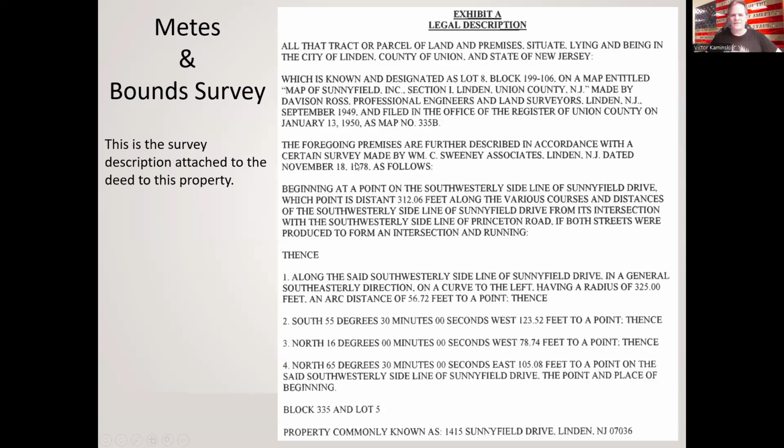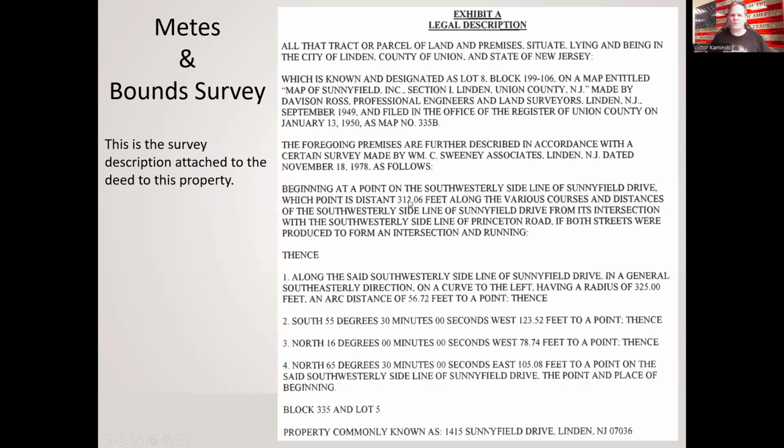Okay. So the foregoing premises are further described in accordance with a certain survey made by WMC Sweeney Associates, dated November 18, 1978. Okay, so this survey was done back when my parents bought the house in 1978.